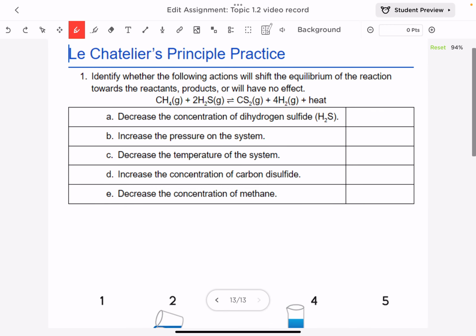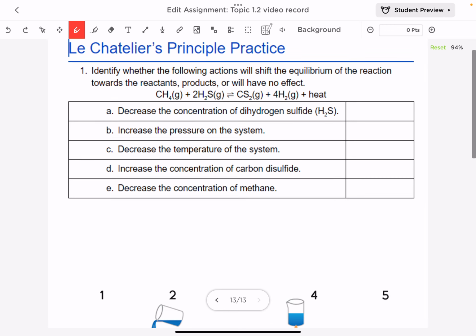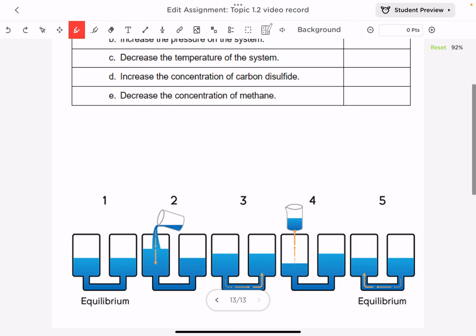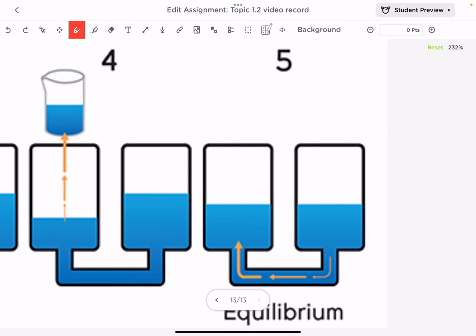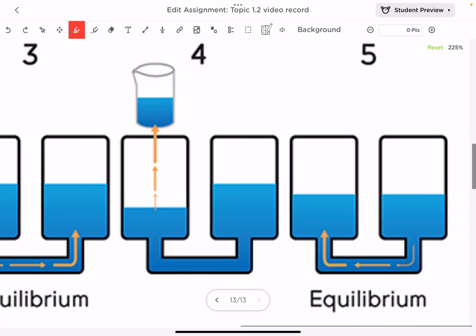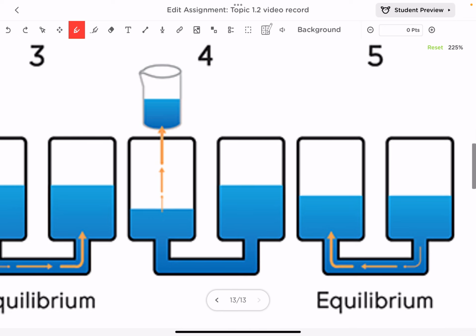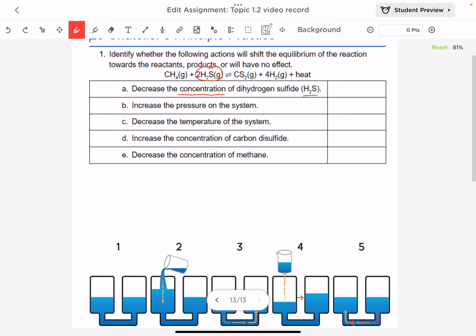The first stress is a decrease in the concentration of H2S. So this means we are at this water tank analogy. H2S is on the side of reactants and we removed part of H2S. So the water, to re-establish equilibrium again in this tank, is going to go in this direction towards giving back H2S.